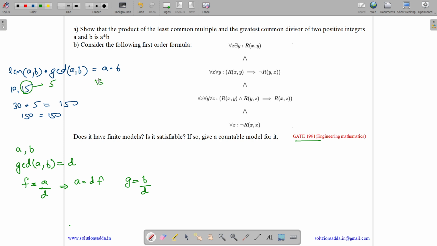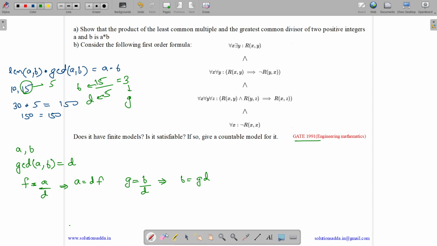So that factor is 15 by 5, that is 3. So here this is G, this is B and this is D, and we can rewrite this statement as B equals GD. So we got these two statements.